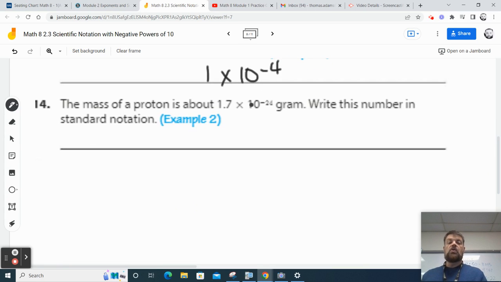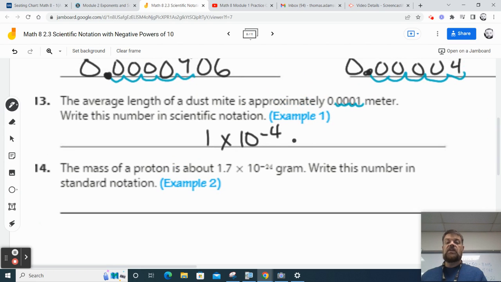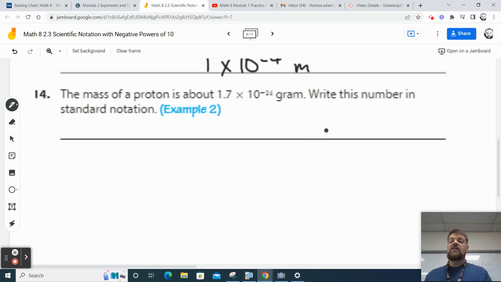I moved the decimal. All right, let's do one more. Oh, man. It says the mass of, wait, was there a unit? Yes, meters, right? Did I forget? All right, this one's going to be kind of weird. Watch this. I have to write the 7, 1, 7, and it says negative 24. So how many spaces? 24, right?